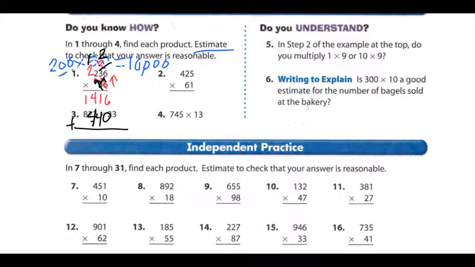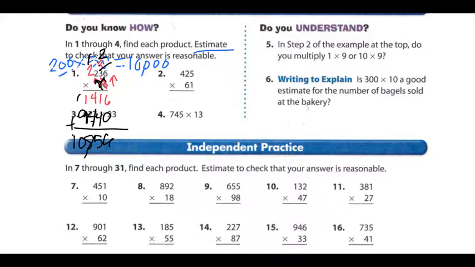It's getting a little messy. 8, 9. All right. So, well, 9,440 is pretty close to 10,000. So our answer should be correct, or at least close. All right, and then we can do, okay, so 10,856. And that is close to 10,000, so our answer is reasonable.